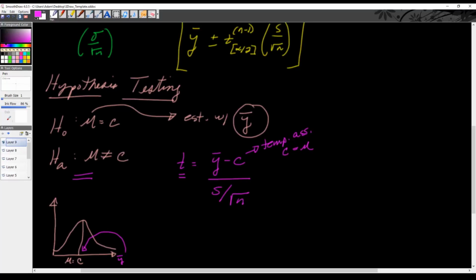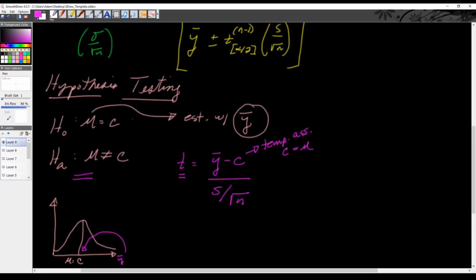And remember, if that difference divided by s over root n is something like 4 or 5 or 6, basically what we're saying is that the observed value is 6 standard deviations from this temporarily assumed value. So if we assume that the true value, mu, is equal to c, but we see a sample statistic that is much, much larger than c, we might reject this null hypothesis. On the other hand, if the sample value is very, very close to c, we might not.